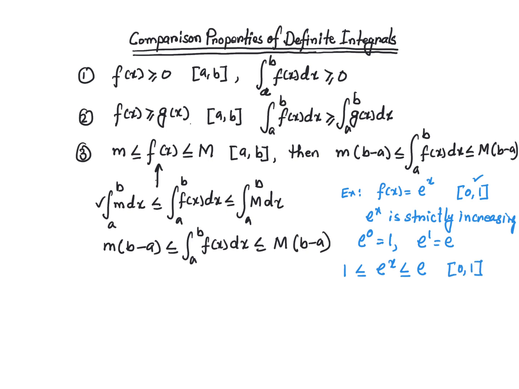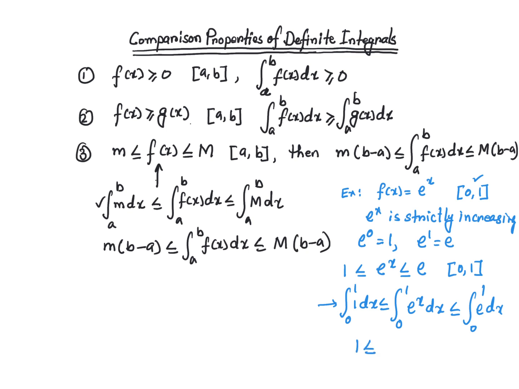Now I can integrate all of it. The integral from 0 to 1 of 1 dx is less than or equal to the integral from 0 to 1 of e to the power x dx, which is less than or equal to the integral from 0 to 1 of e dx. Now this is going to be 1 times (1 minus 0), which is 1.